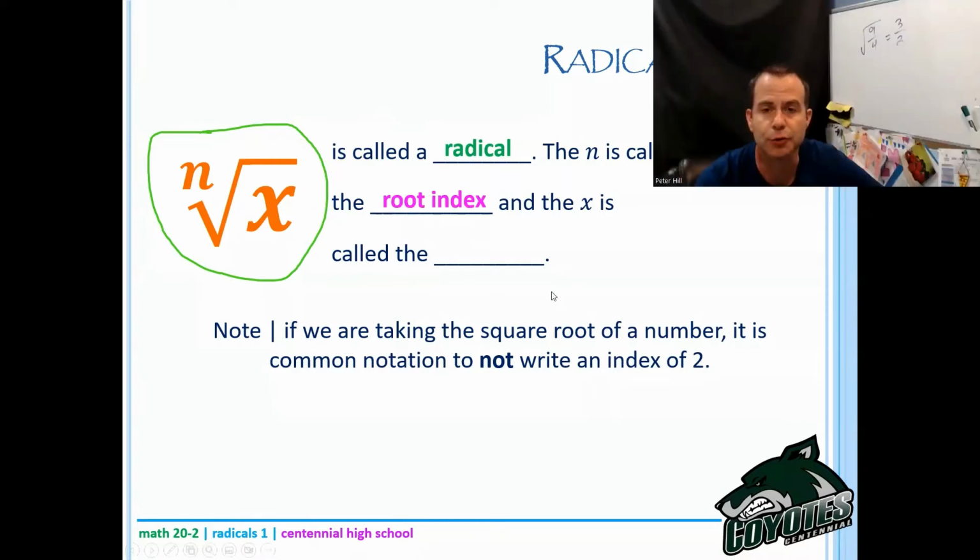And sorry, I'm trying to press buttons and talk at the same time. The root index, and then the x portion, the thing that's underneath the radical, is called the radicand, with a D. Okay, really important, if you are writing a root index, that you do it as a small number inside that little check mark symbol.